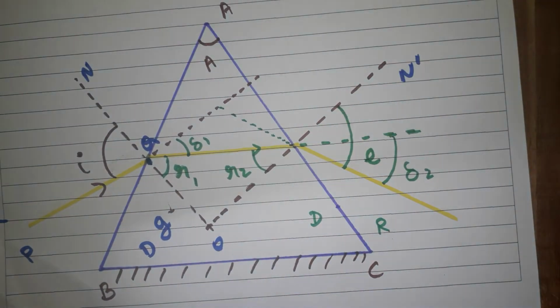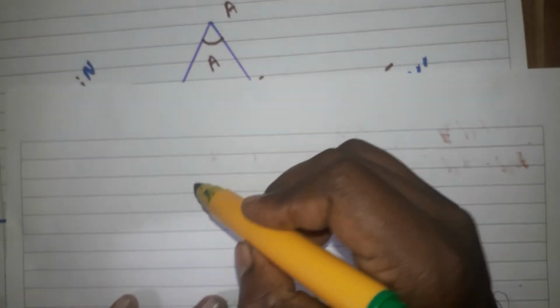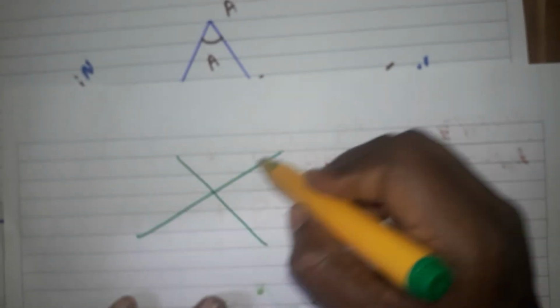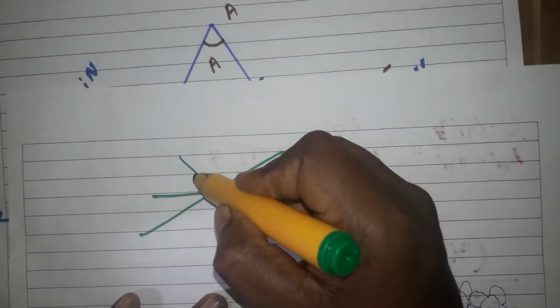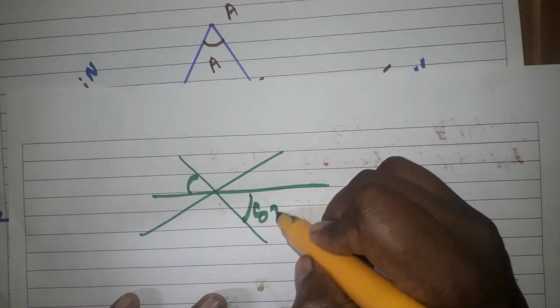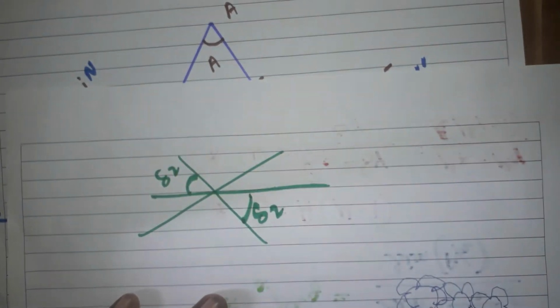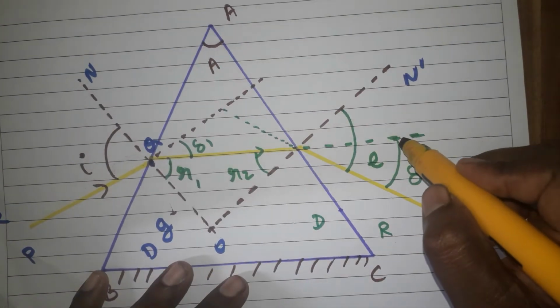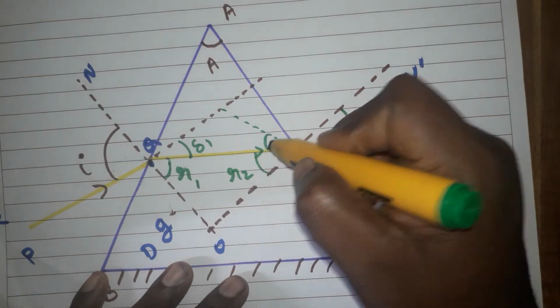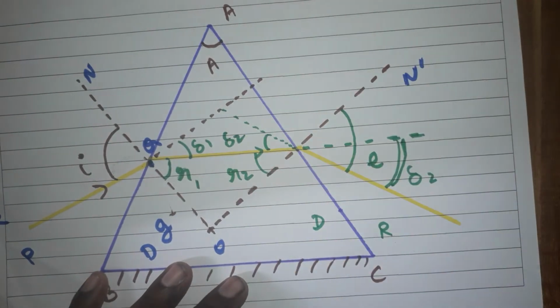See here, this angle is equal to this angle. I am calling this deviation 2, so this also will be deviation 2. This angle is exactly equal to this angle, which we take as deviation 2.